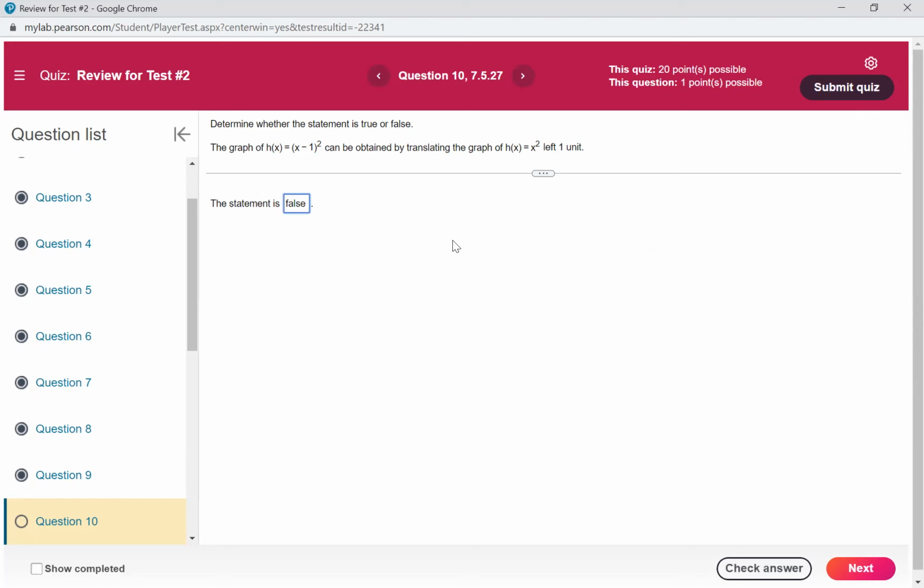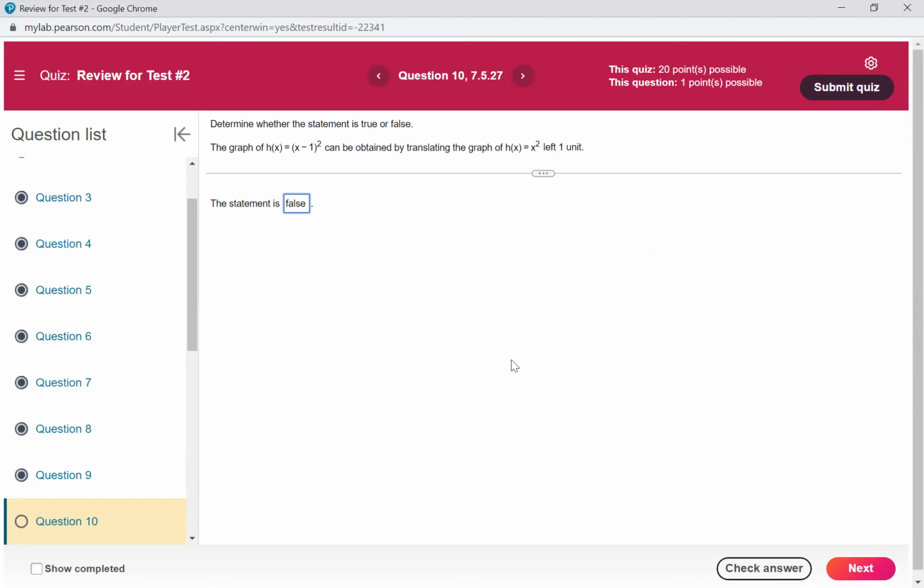Okay, they're trying to get y'all thinking that by subtracting, they're moving it left. But remember, if it's inside them parentheses and I subtract 1, I'm actually moving right, okay? And y'all, I'll tell you a trick.